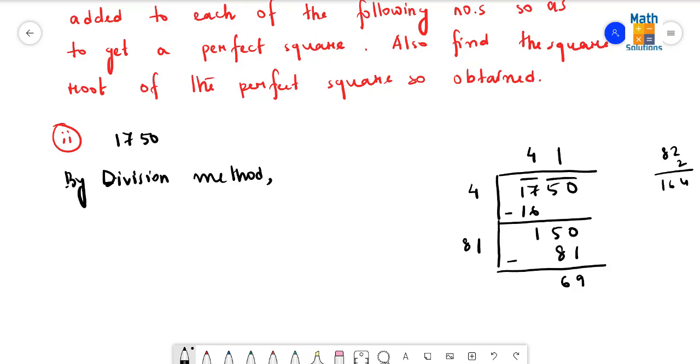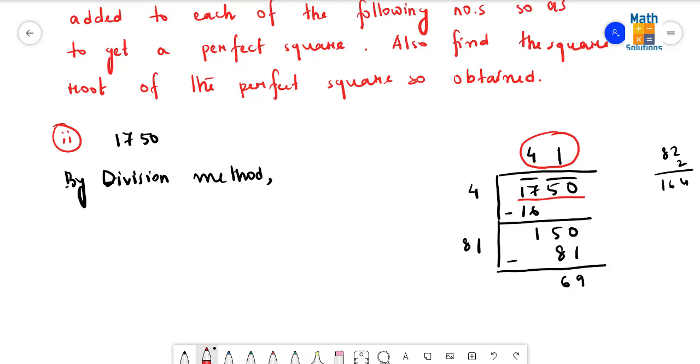Now it is very clear that whenever I square 41, this number is nearest to 1750 but not equal to it.